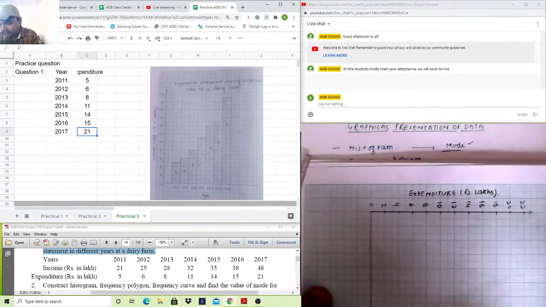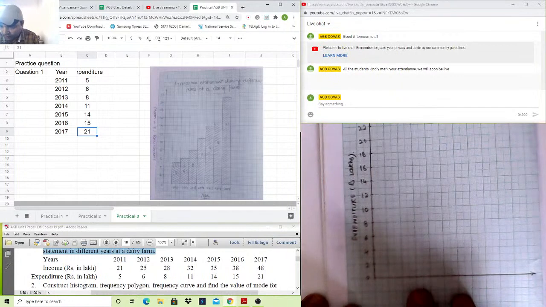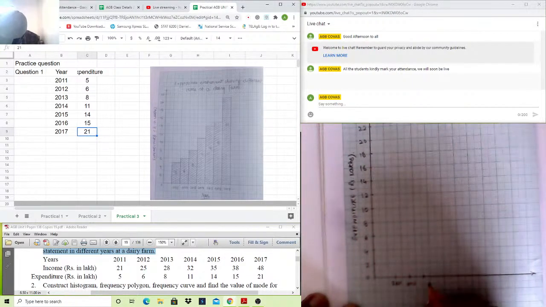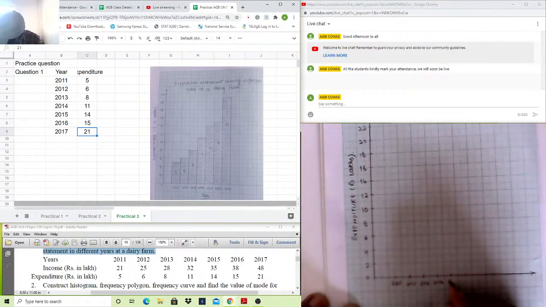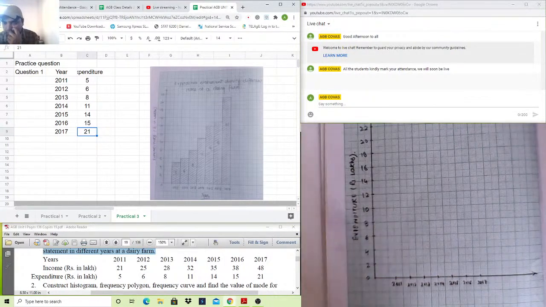So this is our x-axis, and the first one is taken from here, 2011.